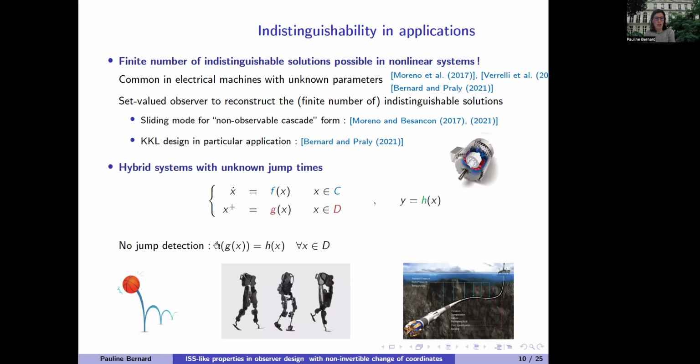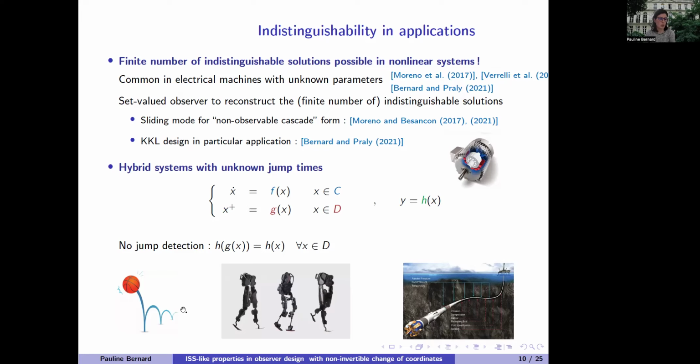So this typically appears when the measurement does not change at the jump. You see here, the value of the output after the jump is the same as the value of the output before the jump. So in that case, you cannot easily detect it.